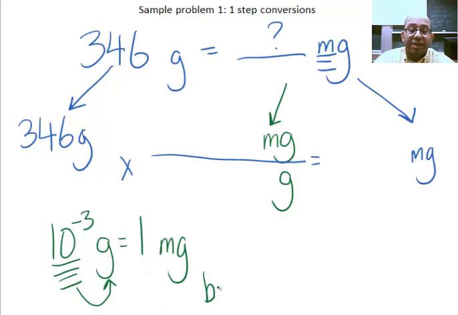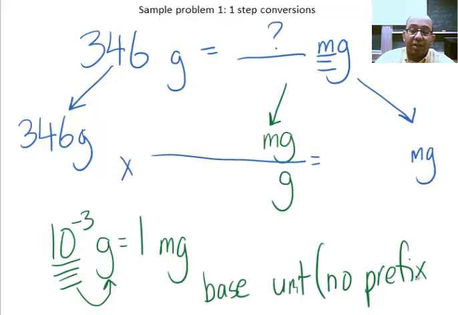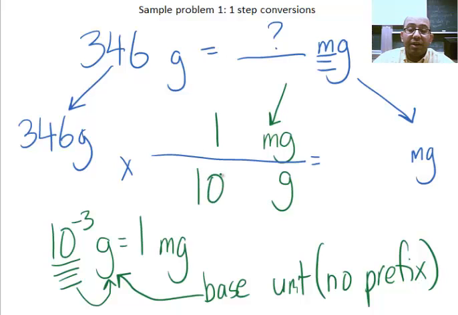I call this the base unit, the one without the prefix. And it's not the one on the right shown here, it's the one on the left. Again, I call that the base unit, or the one without the prefix. And notice there's a 1 next to the milligram, and the 10 to the negative 3 next to the gram.